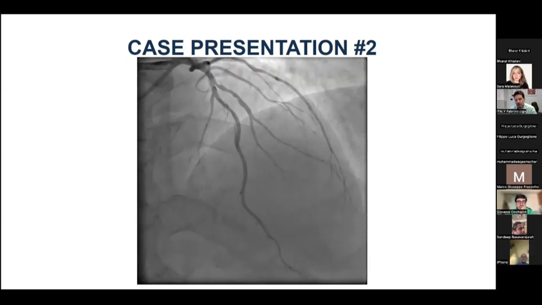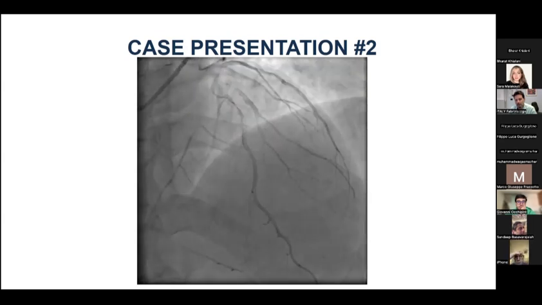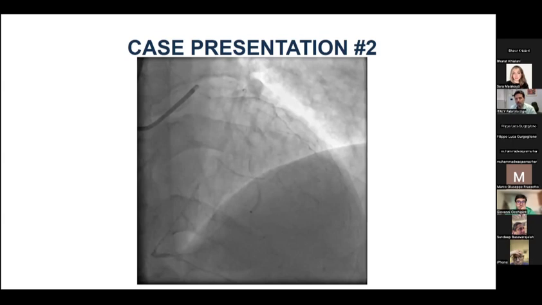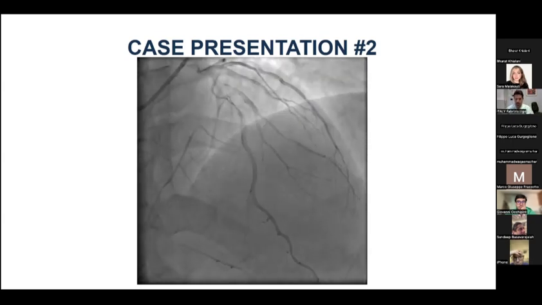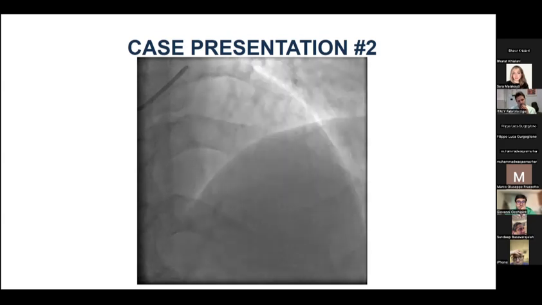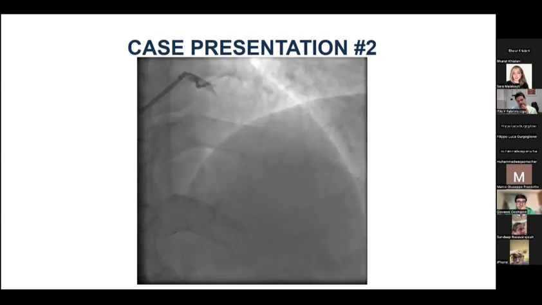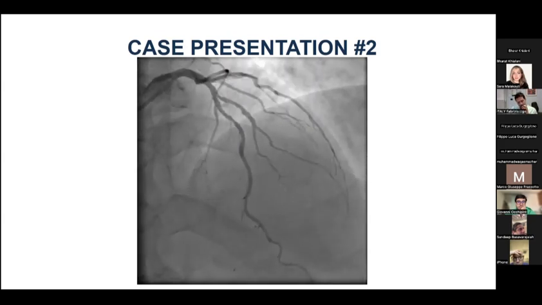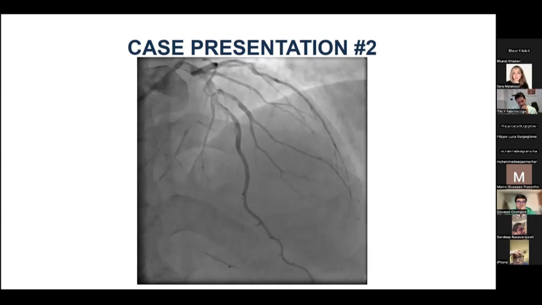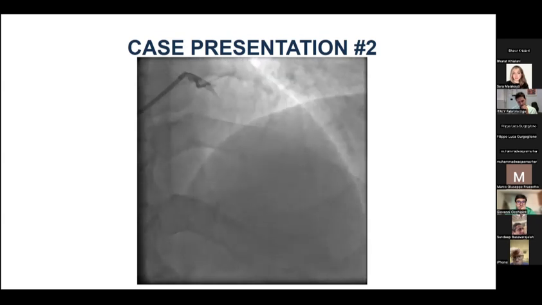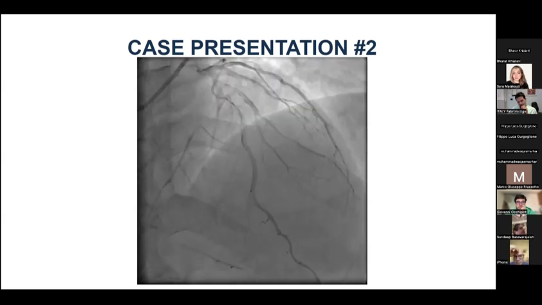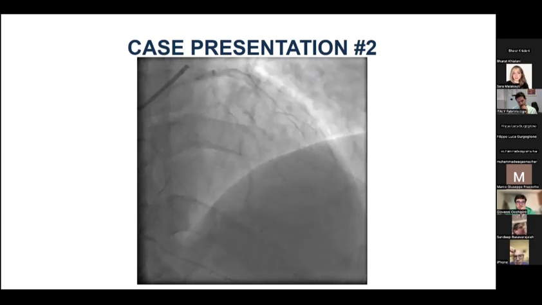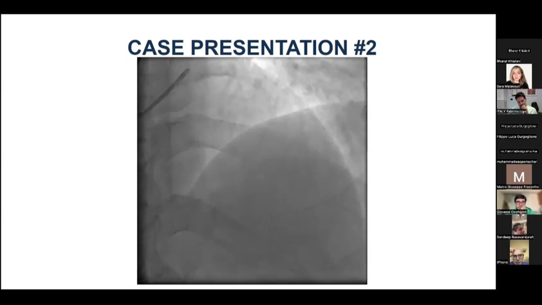If the FFR is very strongly positive, say 0.6 or 0.5, then even if you fix the CTO, it's highly likely that if you repeat the FFR in the donor vessel, it will still be positive. But you know, the ejection fraction is over 50, yeah? Yeah, I think you mentioned that.